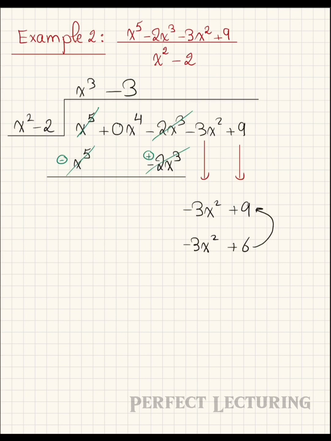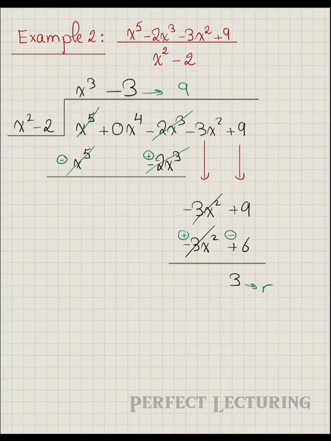And since 6 is added to 9, I must move the 9 down as well as negative 3x squared simultaneously. Then we change the signs, so this becomes plus and this becomes minus. Then I add, those cancel out, and 9 minus 6 is 3. Again, that is the remainder, and that is the quotient.